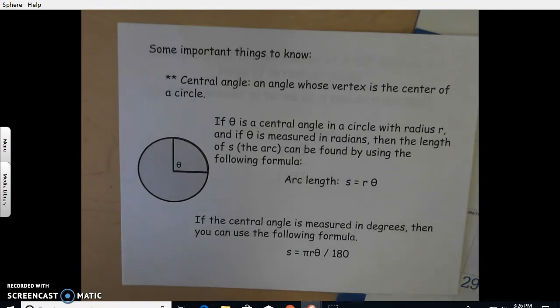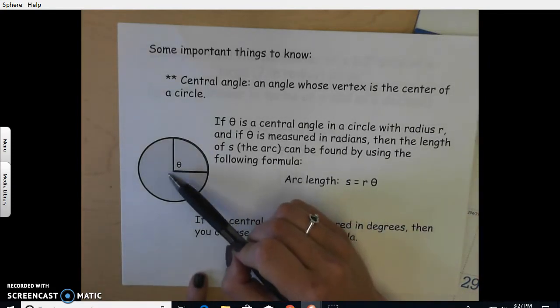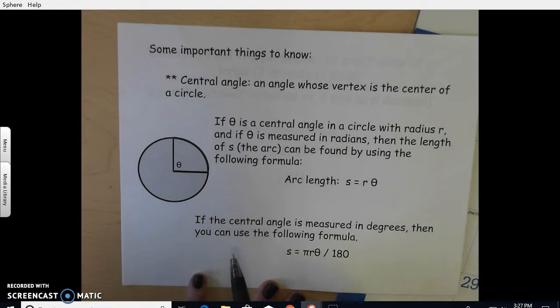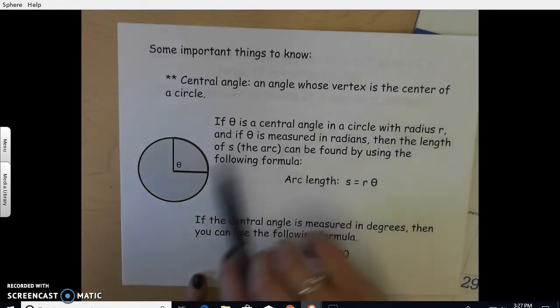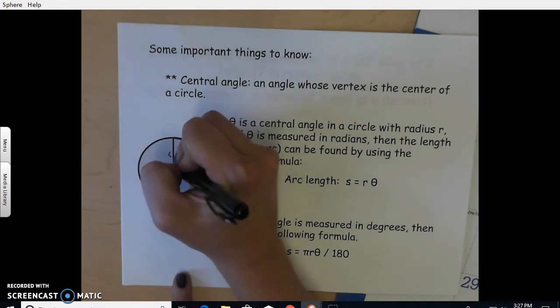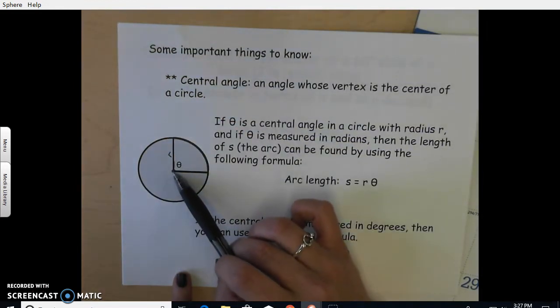So, a central angle is an angle whose vertex is on the center of a circle. Central angle, vertex is on our center. If theta is our central angle in a circle with radius r, so that would mean our radius is r here, and our center of our circle is our vertex of our angle.